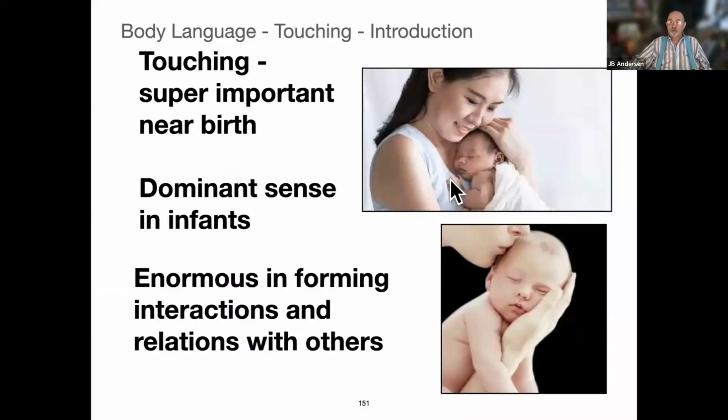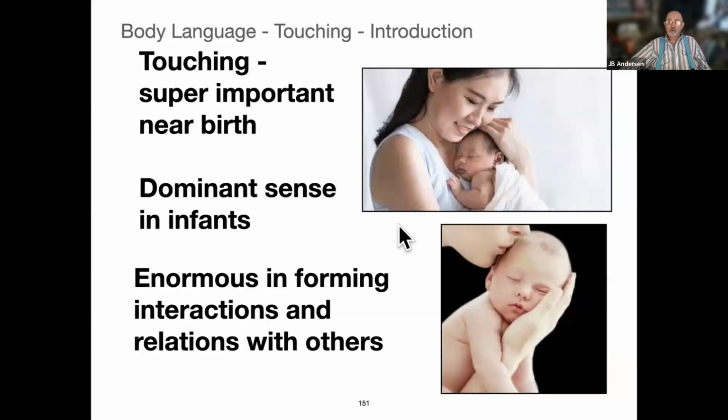Super important at birth. A child has been in the womb, been surrounded and touched all over. Then it's born. Well, it wants those feelings again. So this touching of an infant is the most dominant sense that infants have.